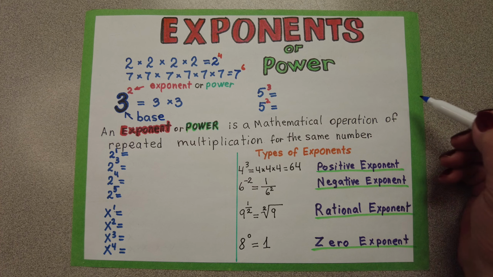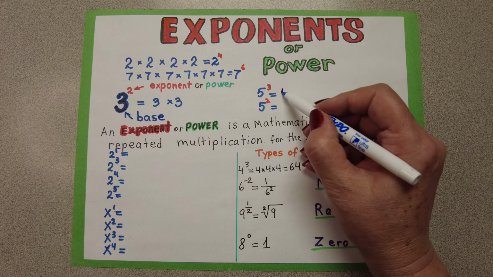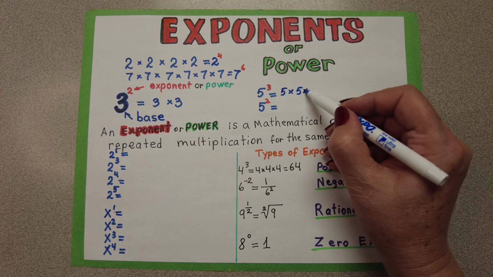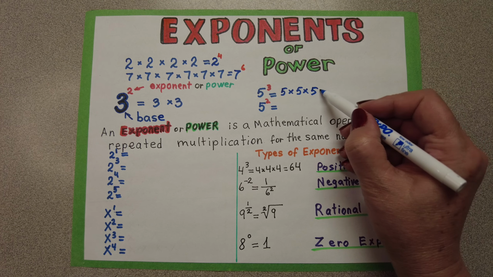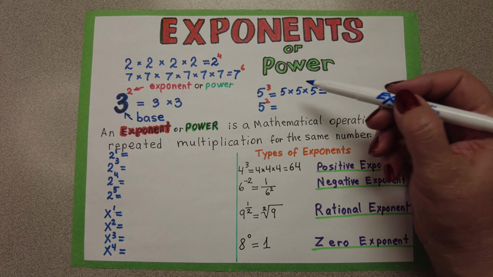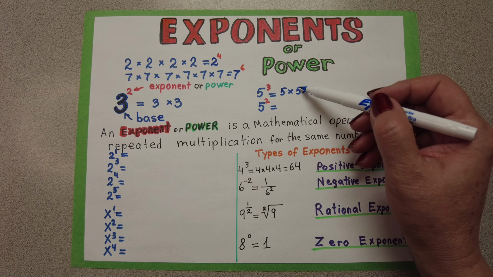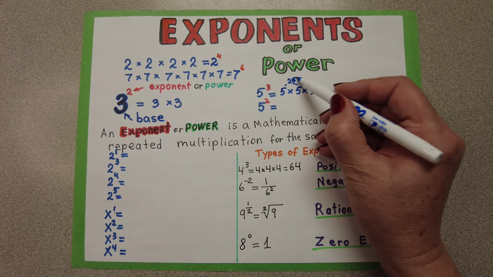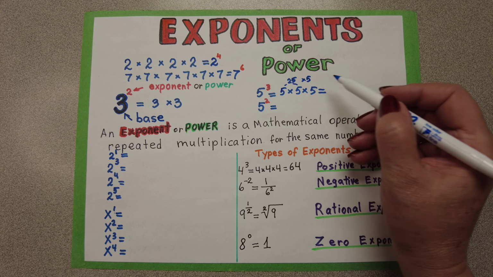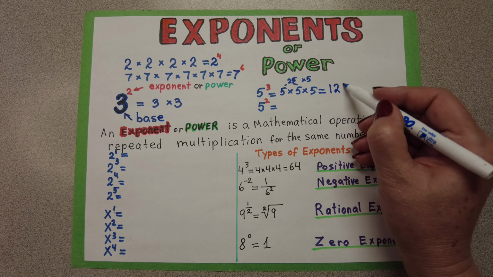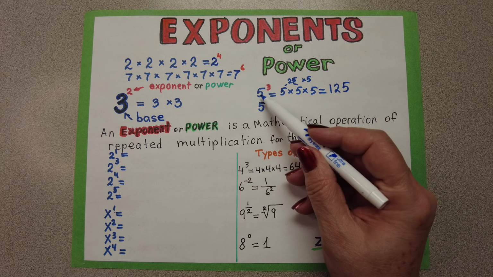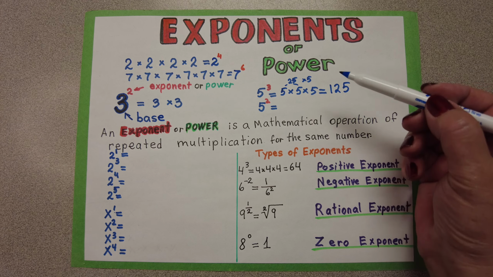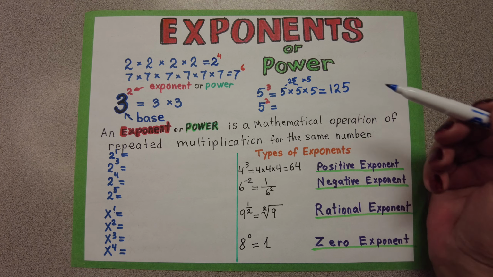How can we expand this? We can write this as 5 times 5 times 5, which is equal to 5 times 5 is 25, 25 times 5 is 125. So 5 cubed, or 5 to the power of 3, equals 125.